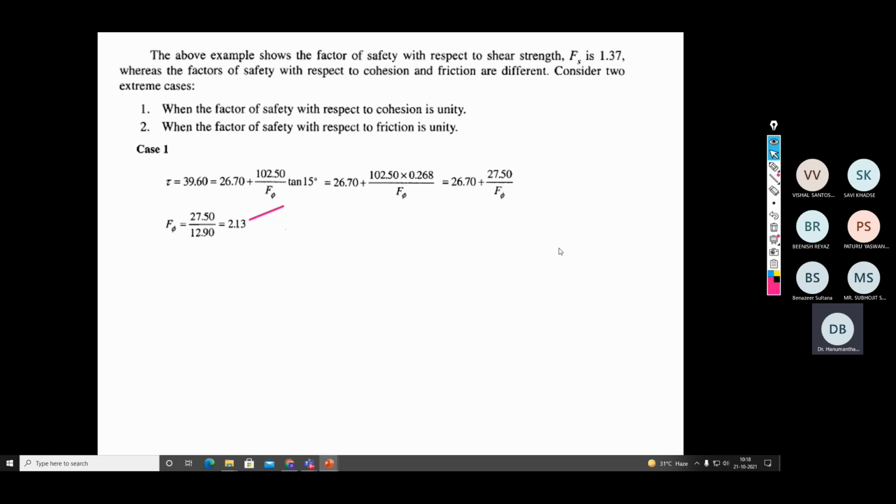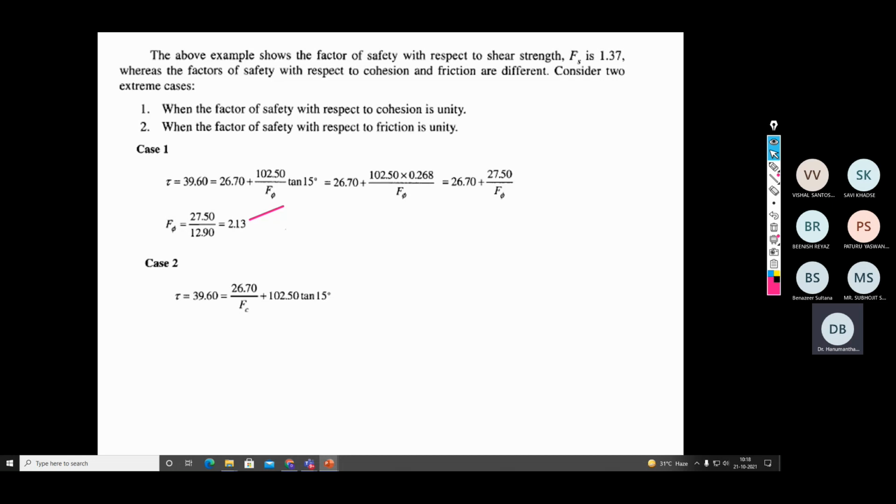Now case 2, same repeat. In that case, take the factor of safety with respect to friction as unity. Now I need to back calculate, considering the ultimate shear strength of the soil, what would be the factor of safety with respect to the cohesion if friction is unity.